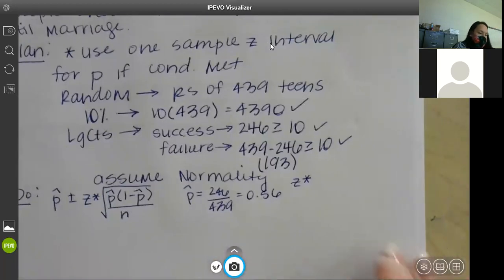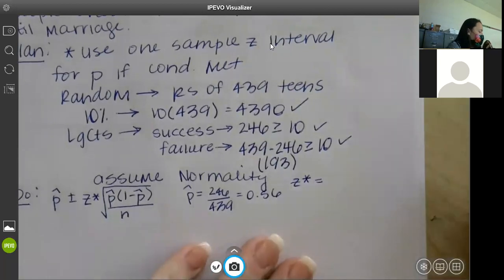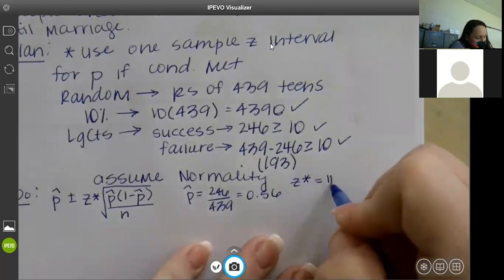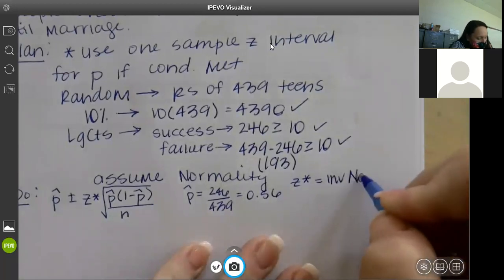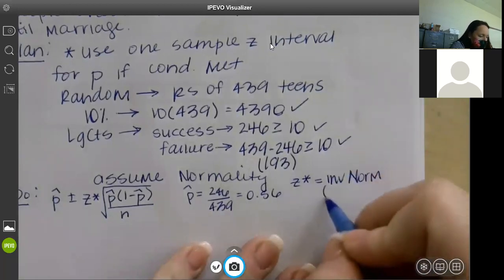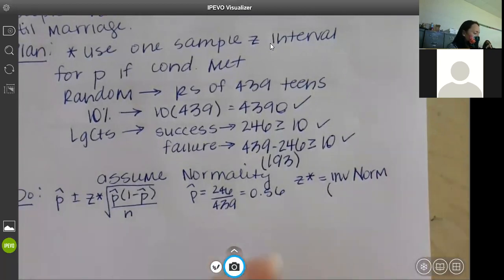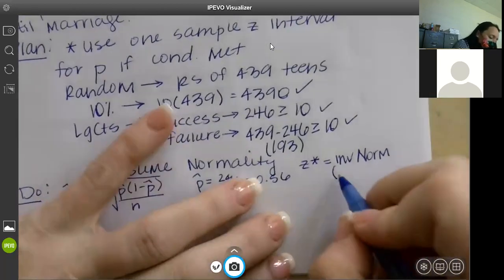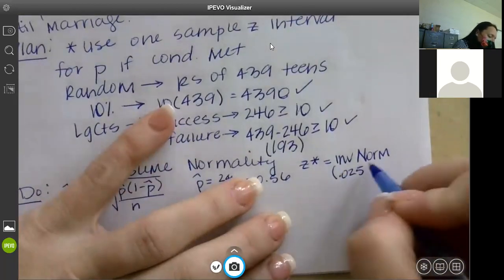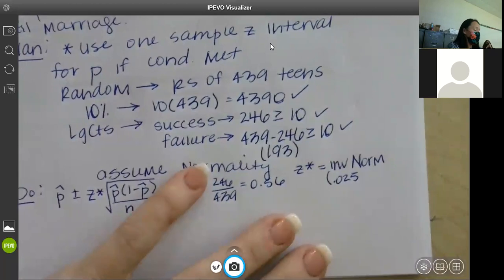How do we find Z star? How did I tell you yesterday? Inverse norm. If we want a 95% confidence, that means we have what left over? 5% divided by 2 is 0.025. 2.5% or 0.025. That's your area.